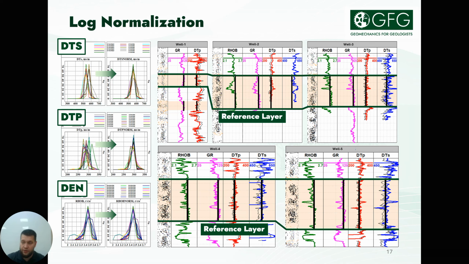In this case, the reference layer is a homogeneous marine environmental shale which has consistent bedding within the entire field and is a seal. As you can see on the left part of the slide, the original DTP, DTS and density log curves had different distributions. But after log normalization for the interval of the reference layer, these curves began to have a similar distribution.